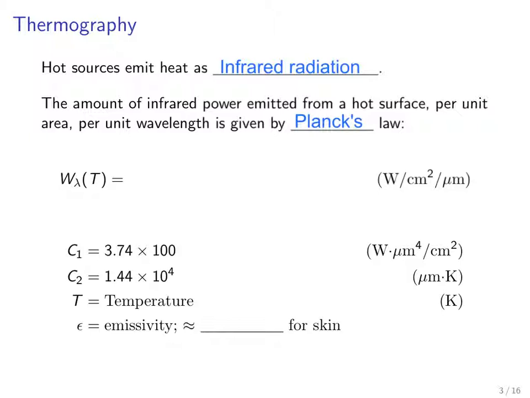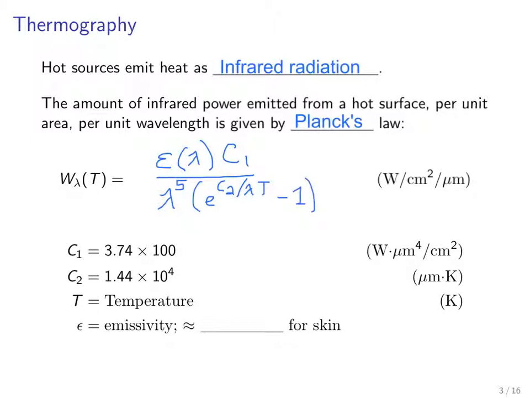is equal to the emissivity, that's this epsilon term, which is also wavelength dependent in general, times a constant C1, which is given below, divided by the wavelength raised to the fifth power times e to this constant C2, which is also given below, divided by lambda, the wavelength, times T, the temperature in Kelvin, minus 1.